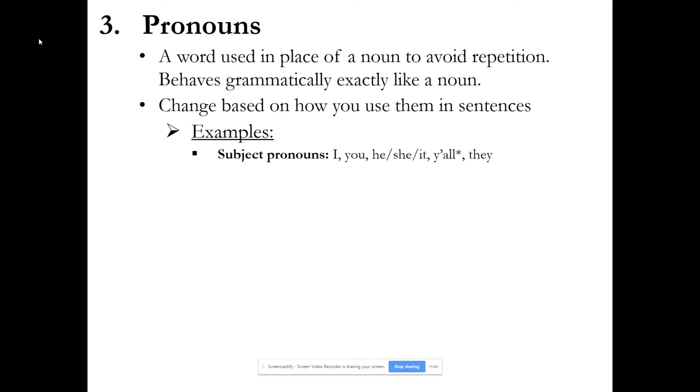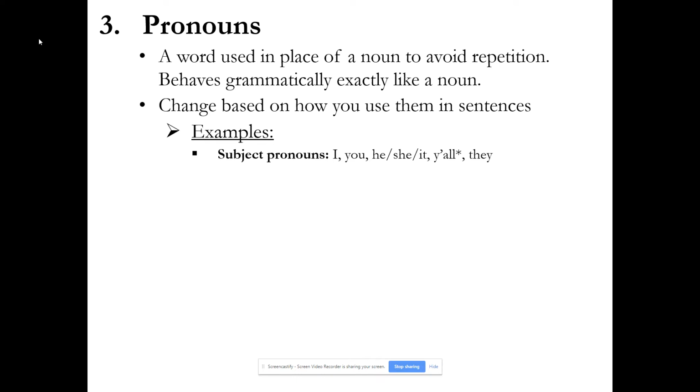So I, you, he, she, it, y'all, and they. These are used if the noun in question being replaced is the subject of a sentence, at the beginning of the sentence, doing the action. By the way, y'all, I put a little asterisk there because some people see y'all as not being, air quotes, correct English.